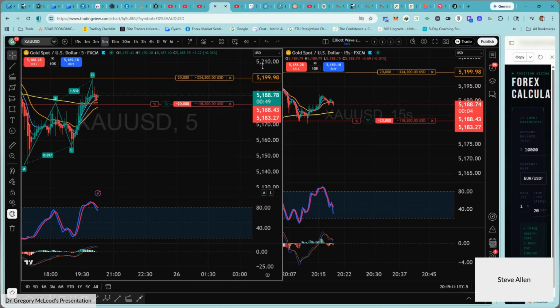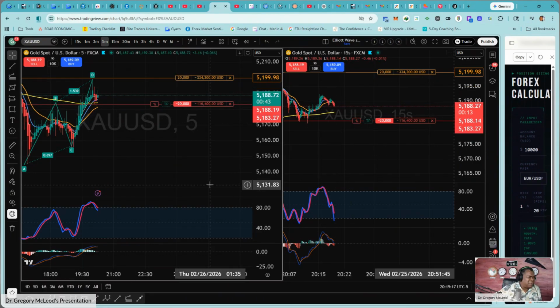Yeah, I would have expected it to turn red by now, but it hasn't. There we go. Euro's heading up. Aussie's heading up.